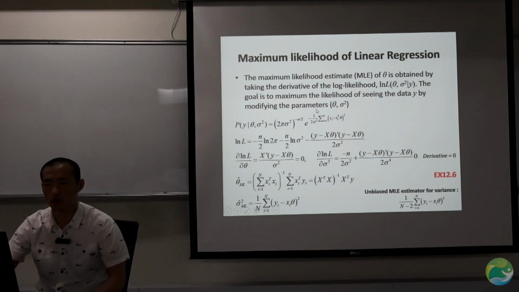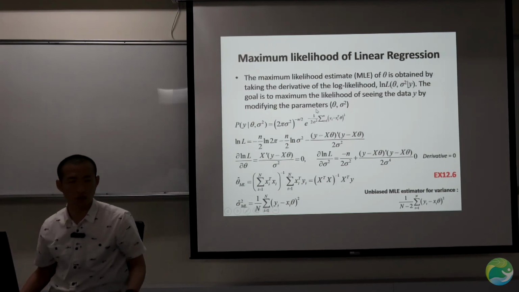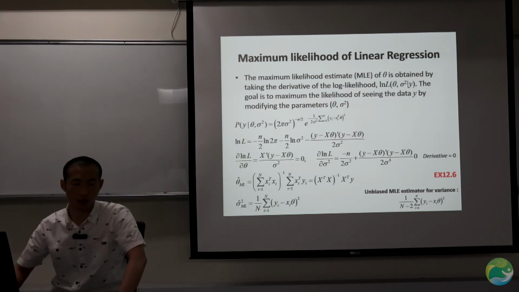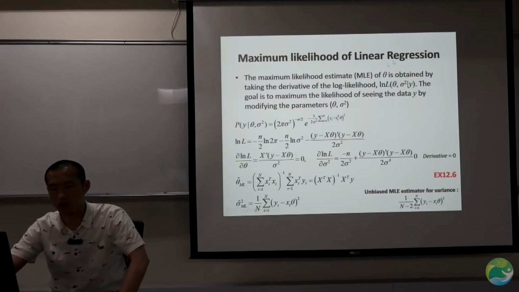For a simple linear regression, the parameter theta represents intercept A and slope B, and also the residual error, which is sigma square. This is the probability density function, or we can call it the likelihood function for the normal assumption.